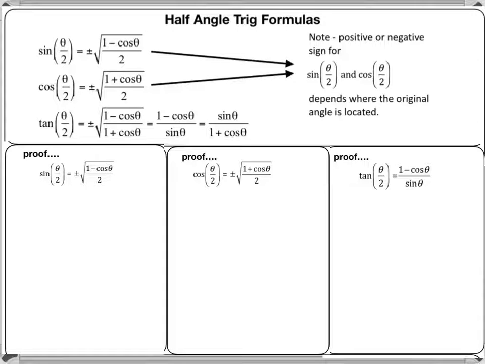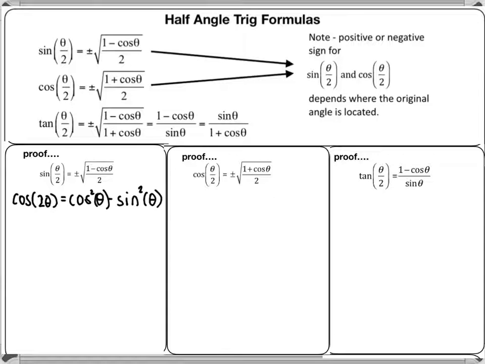So what we're looking at is the way that these are commonly proved out. It sounds like a bizarre first step, but we start off by using the cosine double angle, I'm sorry, not the cosecant, the cosine double angle, where we know that this is going to be cosine squared theta minus sine squared theta.